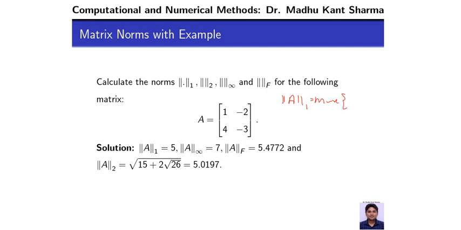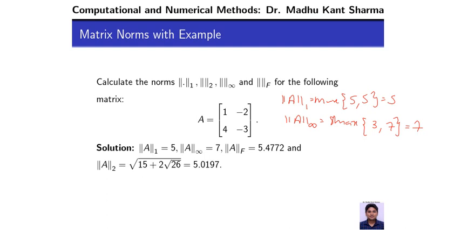Here 1 plus 4 is 5, and minus 2 magnitude is 2, minus 3 magnitude is 3, so 2 plus 3 is 5, so the maximum is 5. The infinity norm is the maximum row sum. The first row sum in magnitude is 3, and for the second row, 4 plus magnitude of minus 3 is 3, 4 plus 3 is 7, so that is 7.